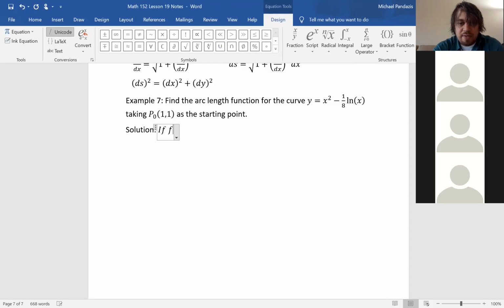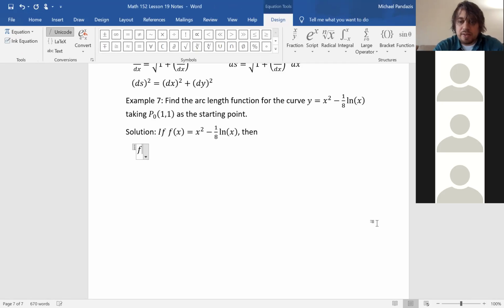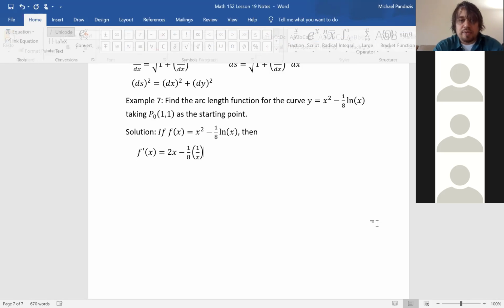If f of x is equal to x squared minus 1/8 ln of x, then the derivative f prime of x is equal to 2x minus 1/8 times 1 over x, right? That's the derivative of ln.